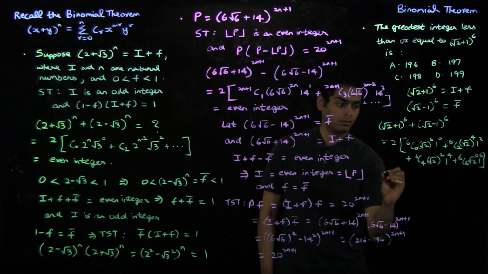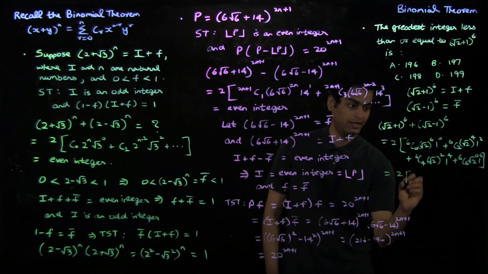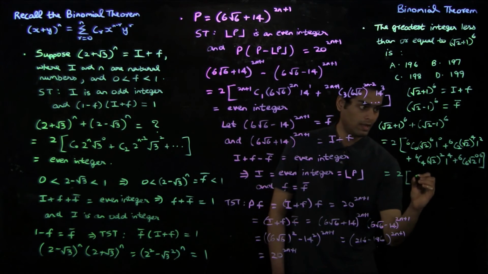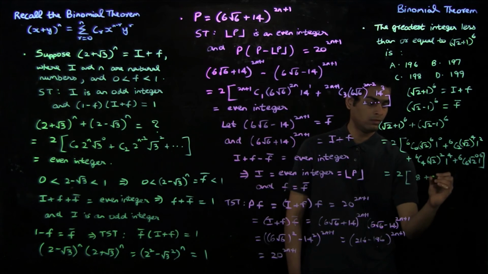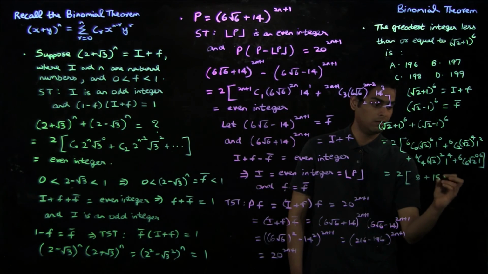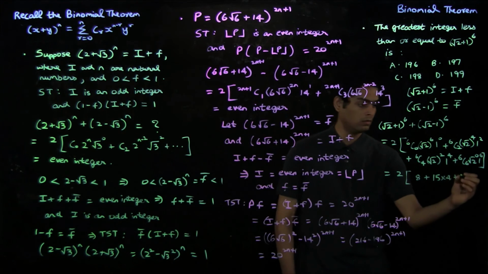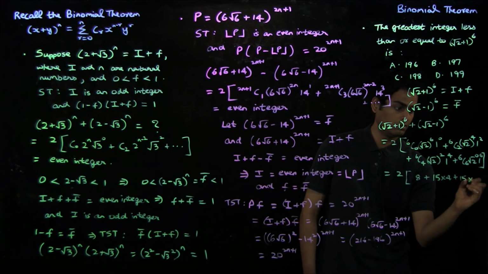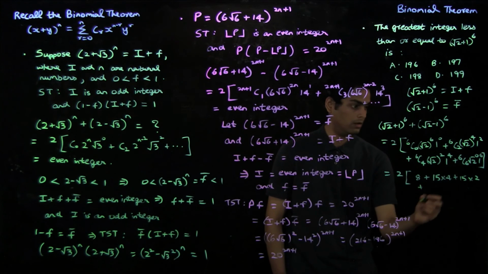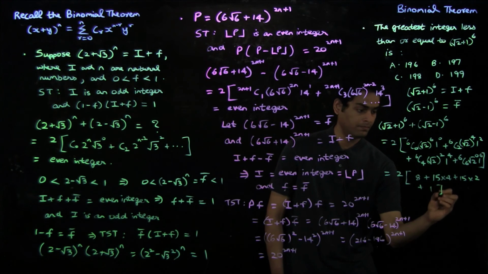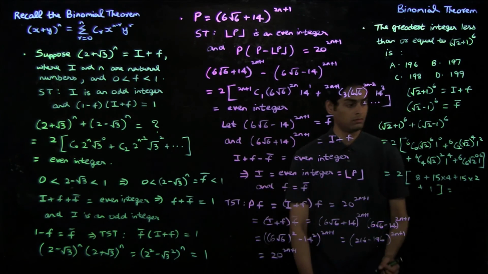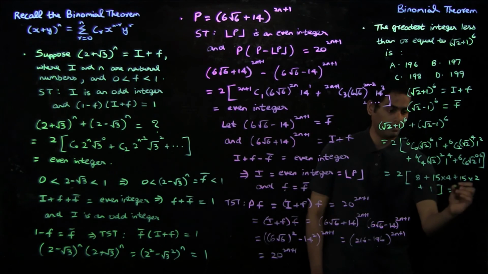You can expand this to get 2 times 8 plus 15 times 4 plus 15 times 2 plus 1, and this is 198.